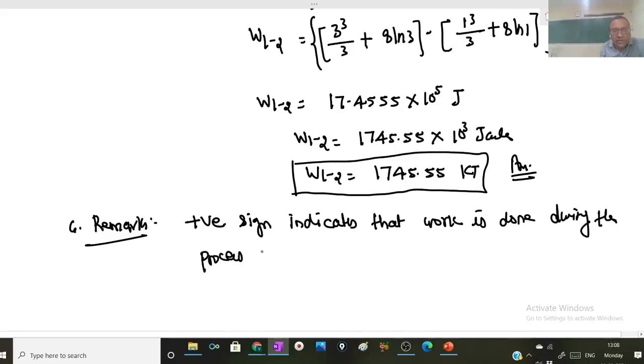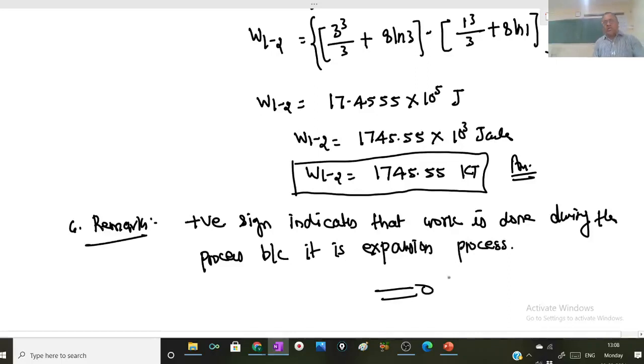Work is done during the process because it is expansion process. So whenever there is an expansion process, the work output will be positive. So this way you can solve numericals on work done.